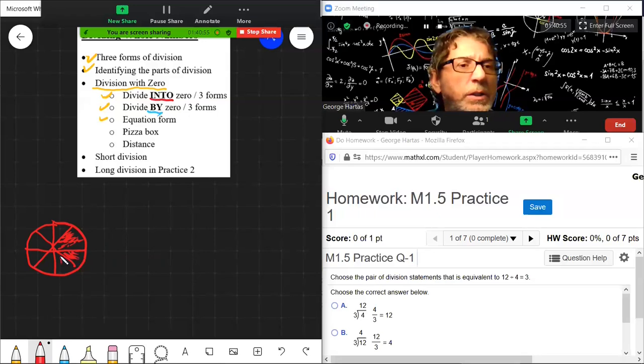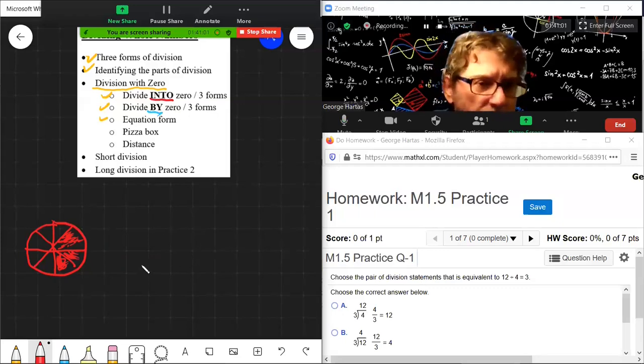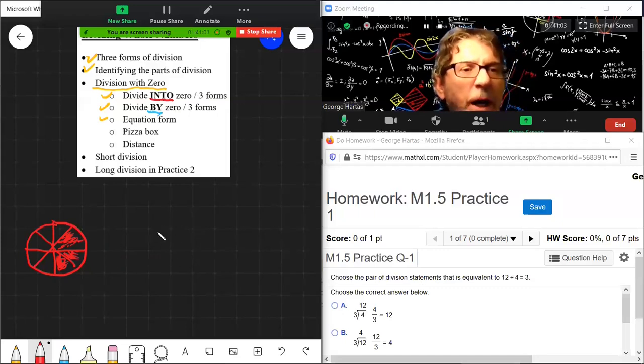There are 2 slices. There are 3 slices in this pizza box. Now, this pizza box holds 8 potential slices. And there are 3 slices in the pizza box. So the pizza box is 3/8 full.